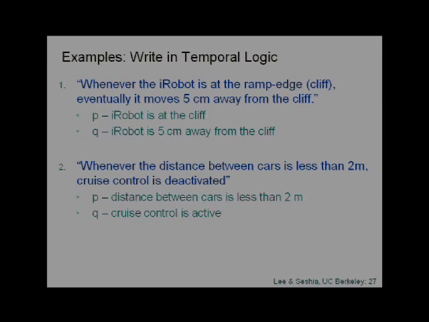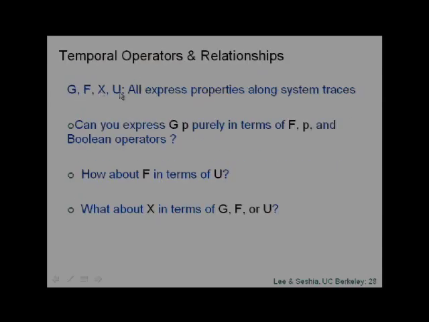So for the same question here: is it possible to express the property globally P purely in terms of future, the proposition P, and any number of Boolean operators, any number of and or not symbols that you want?